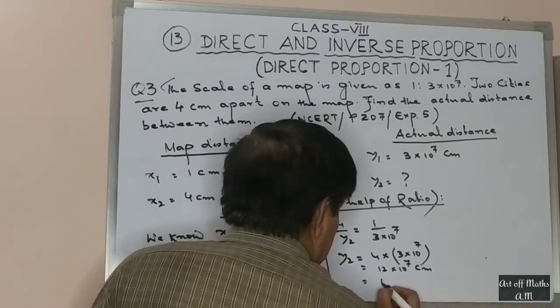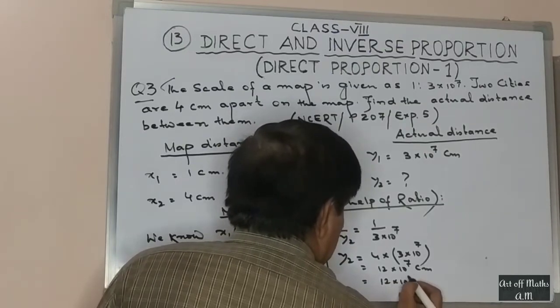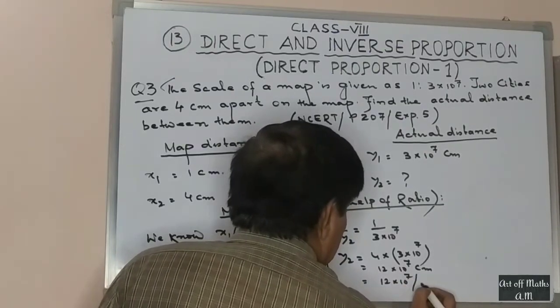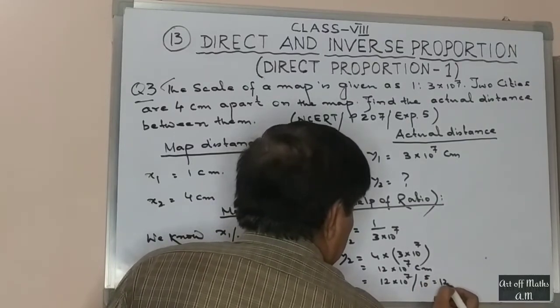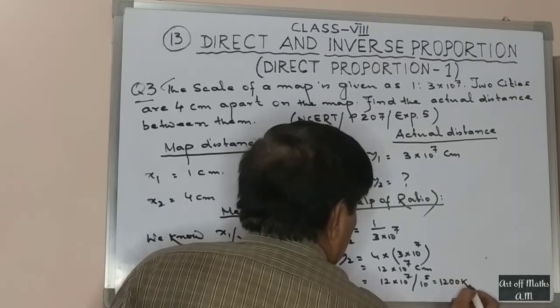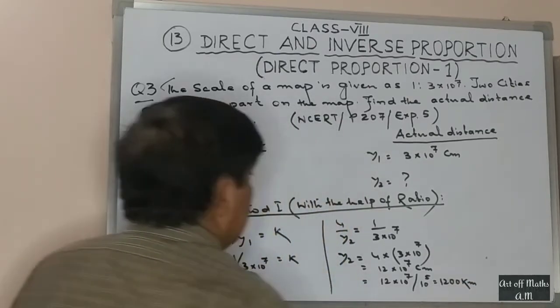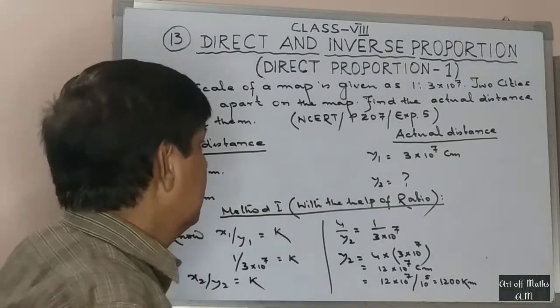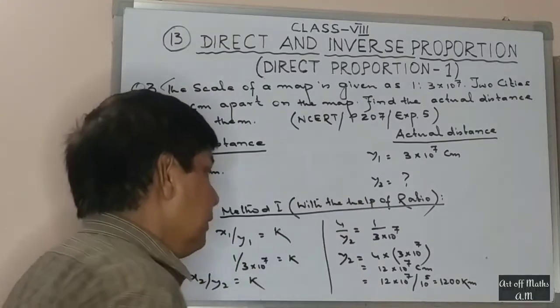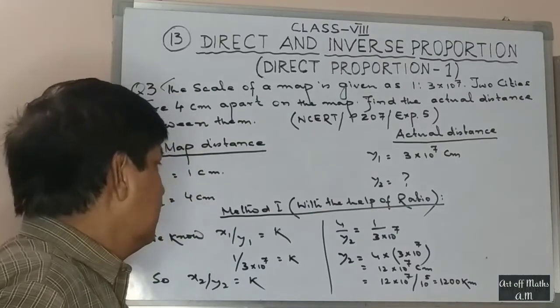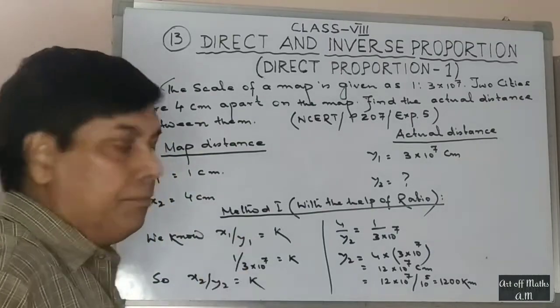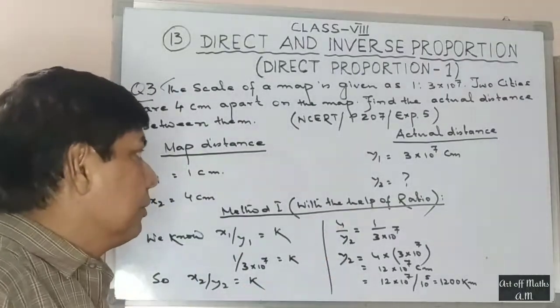Now 12 into 10 to the power 7 divided by 10 to the power 5 equal to 1200 kilometer. This is method 1 with the help of ratio.